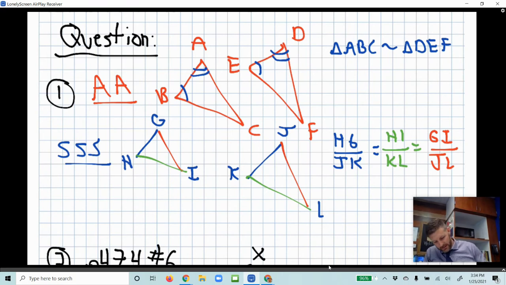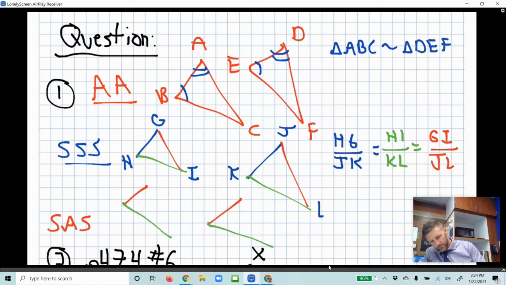Then the third method is side, angle, side. That's a combination of these first two. It's saying that if you have just two of the sides, and an unknown third side, but you know the angle in between them.